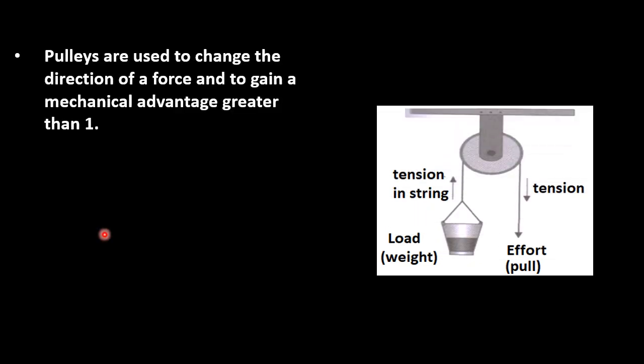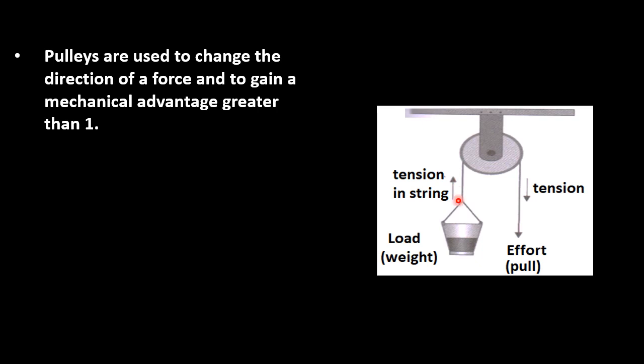So how pulleys work is simple. Pulleys are used to change the direction of force and to gain mechanical advantage which is greater than one. All right, so by applying a force here, an effort, the pail containing whatever, maybe water, is going to move up.